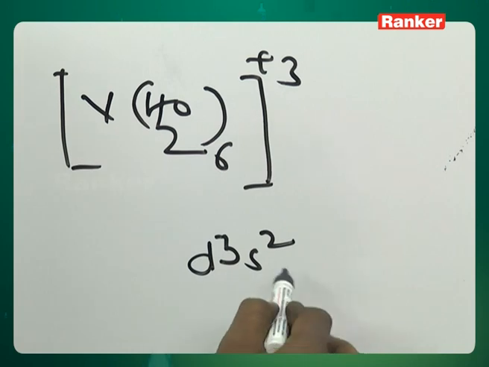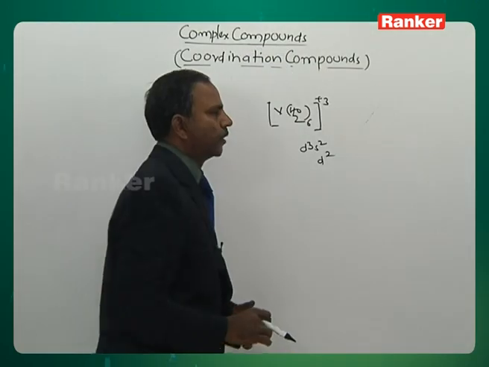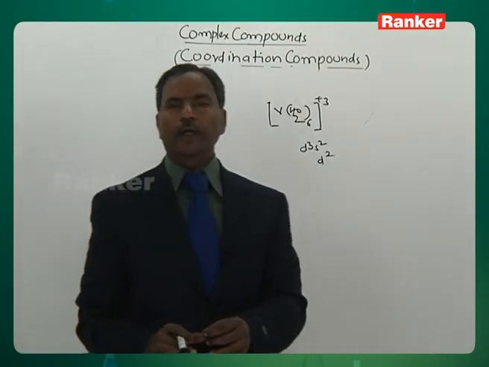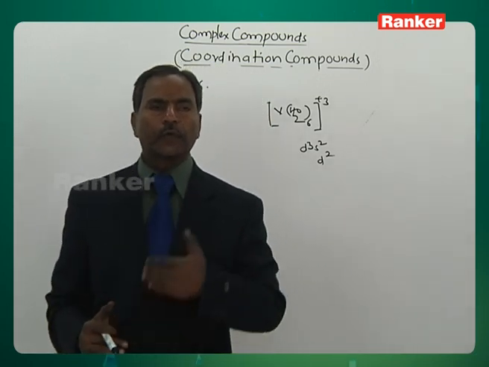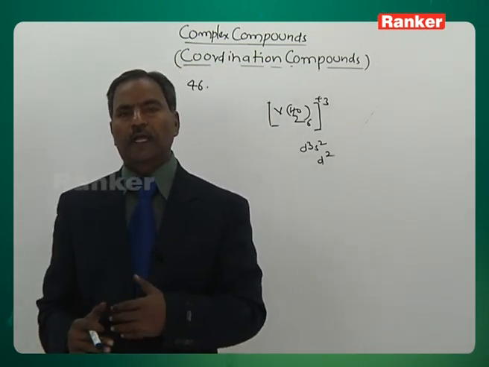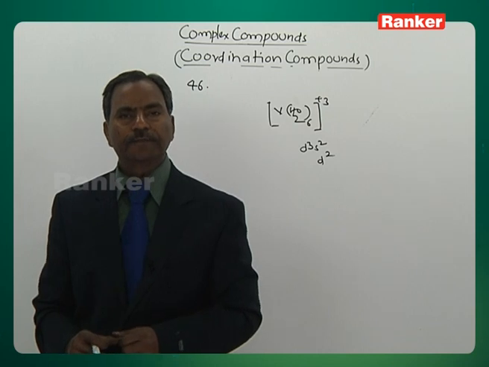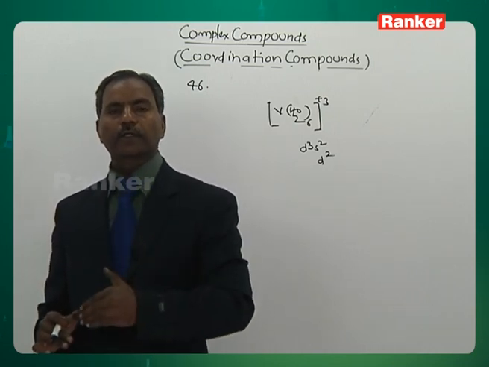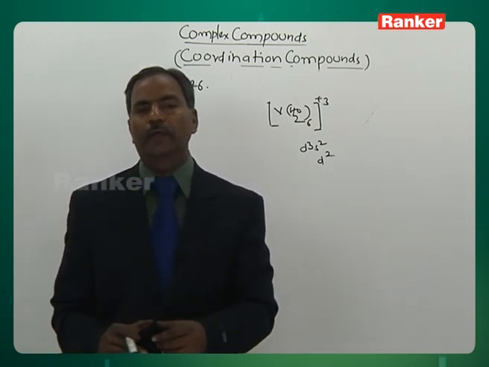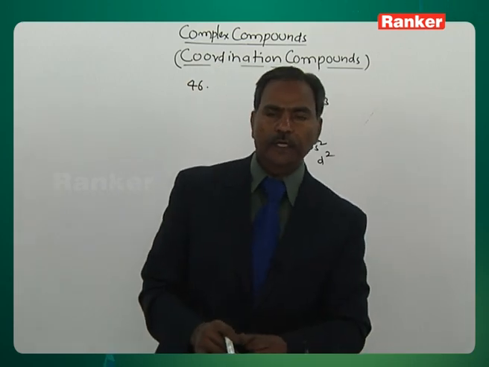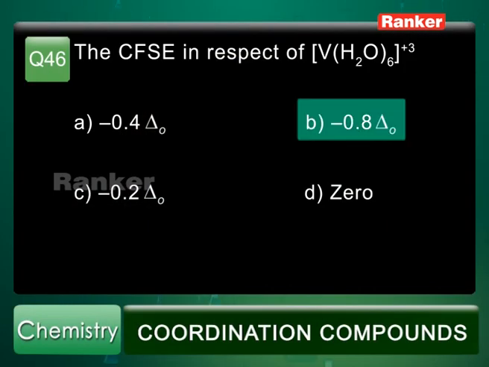Plus 3 means remaining d2, only 2 electrons are there in the d orbitals. t2g2, 2 into 4, then it is minus 0.8 Δo. So for 46, the answer is B.